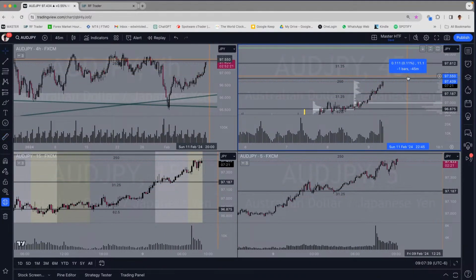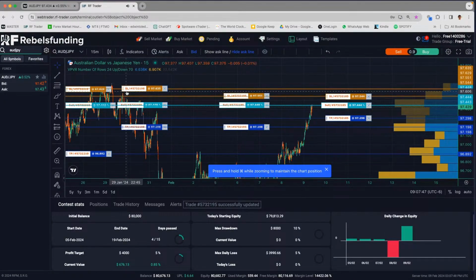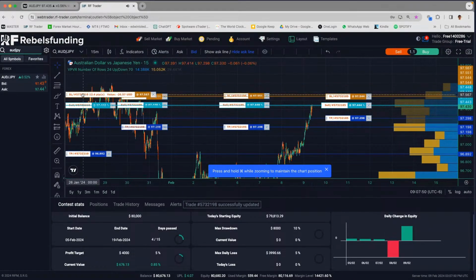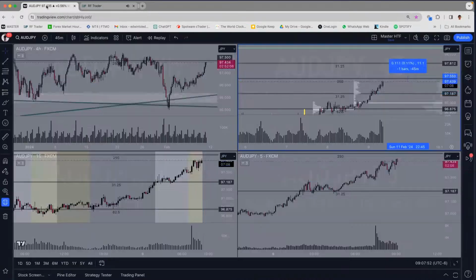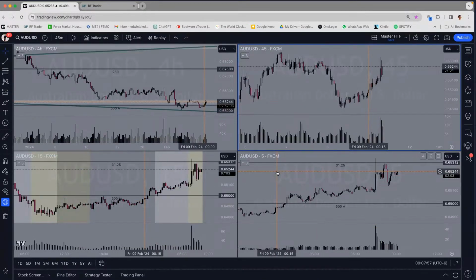Let's leave it at 10. Let's just leave things as we're supposed to. Today I want to test the strategy with very little stop loss. Let's see how many trades we get caught.